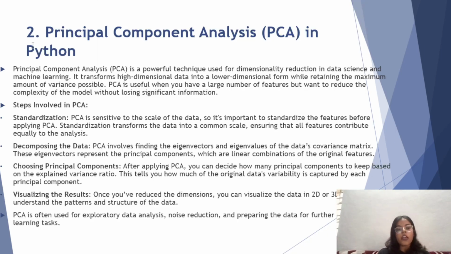Now talking about PCA, which is principal component analysis, it is a powerful technique used for dimensionality reduction in data science and machine learning. It transforms high dimensional data into a lower dimensional form while retaining the maximum amount of variance possible.